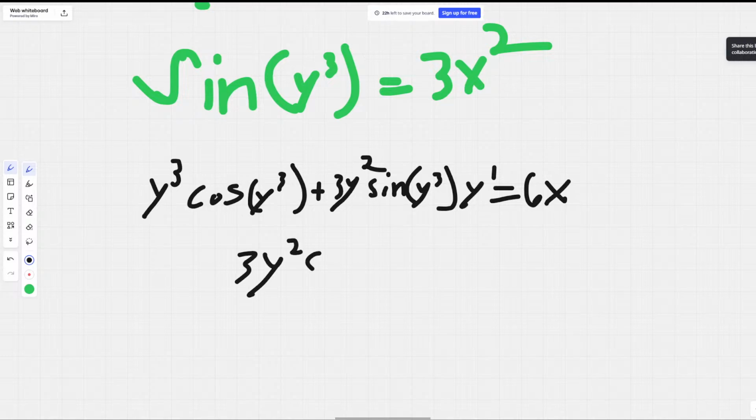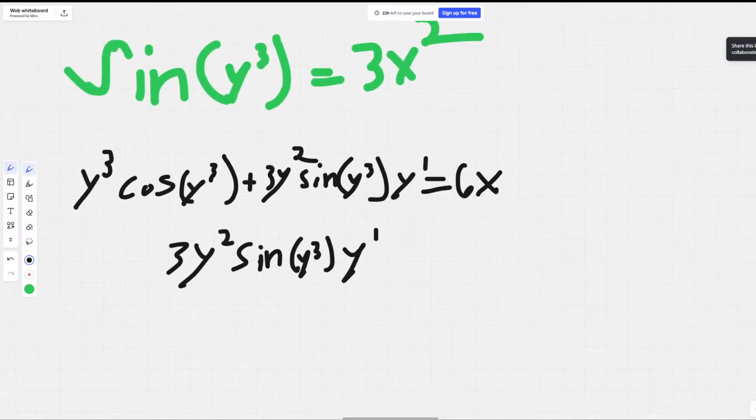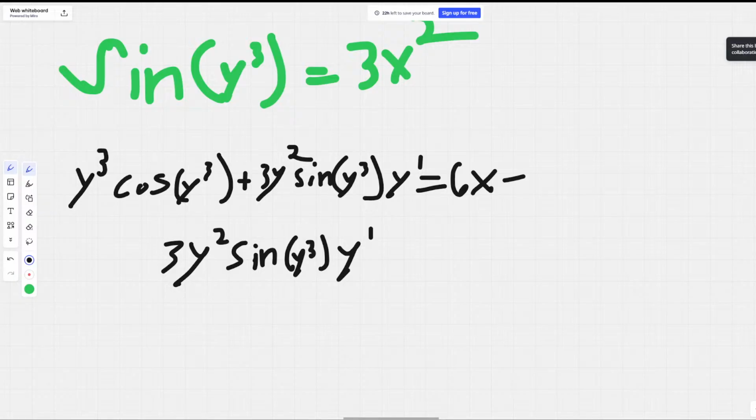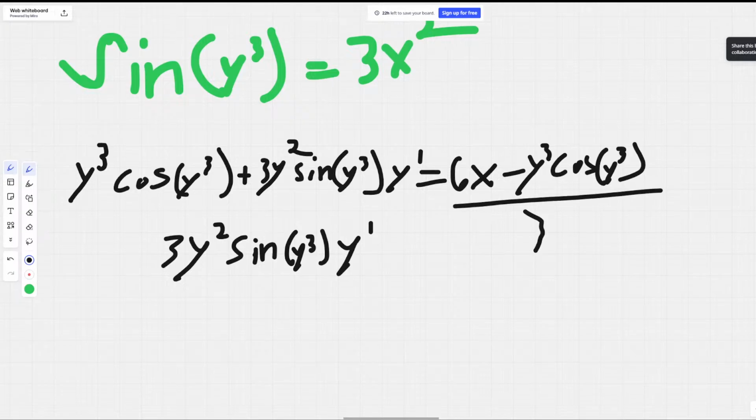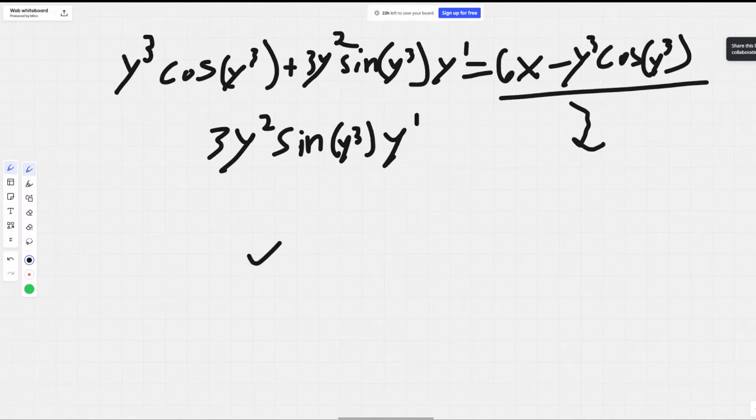3y squared sine y cubed y prime equals 6x minus y cubed cosine y cubed. Thus, all over what it needs to be.